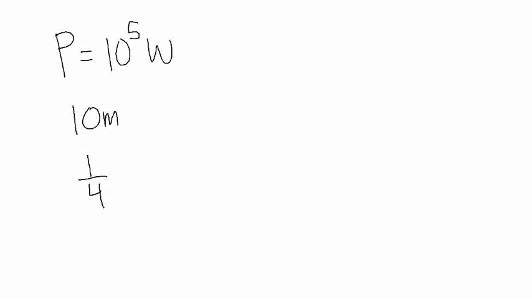Okay, so I'll go ahead and work it out now also. We know that the intensity for a spherical wave is power over 4 pi r squared, and the power being emanated from the radio station is not going to change.